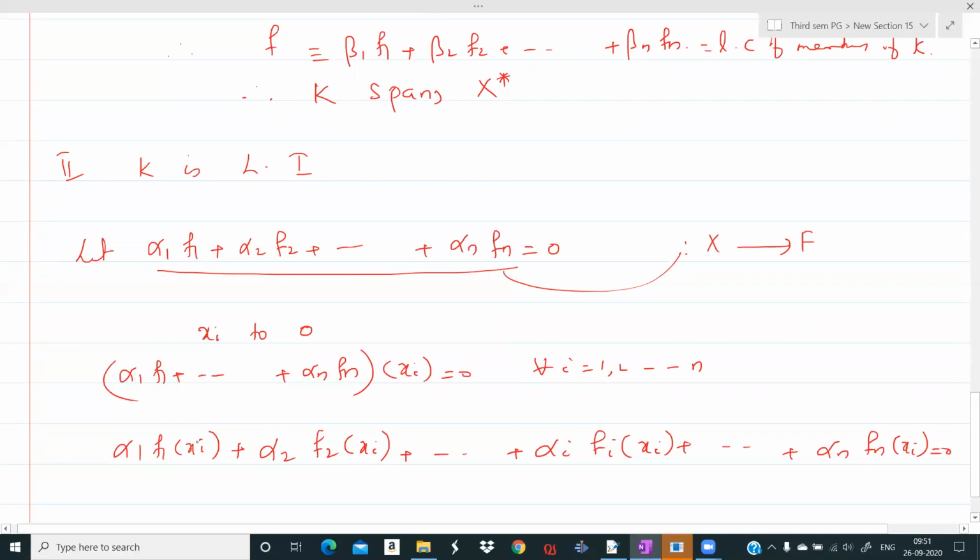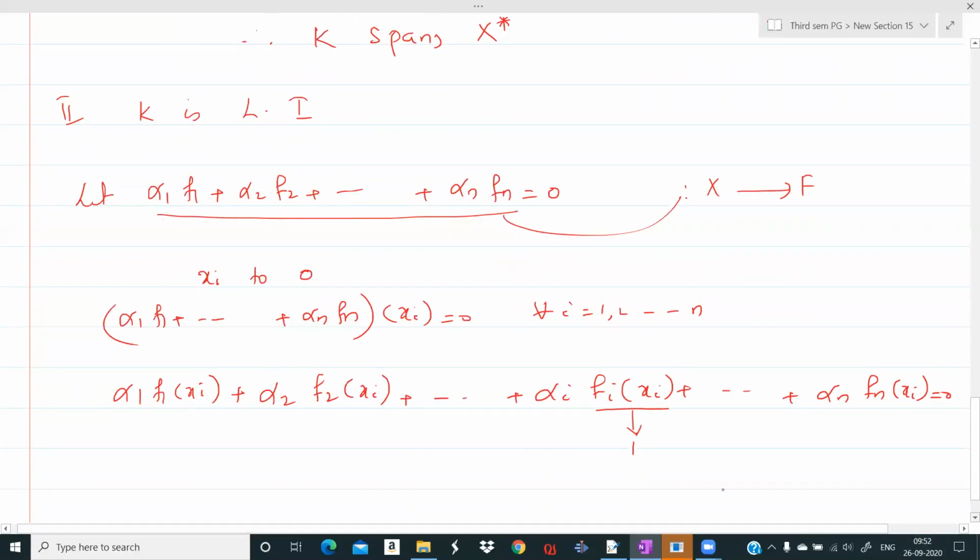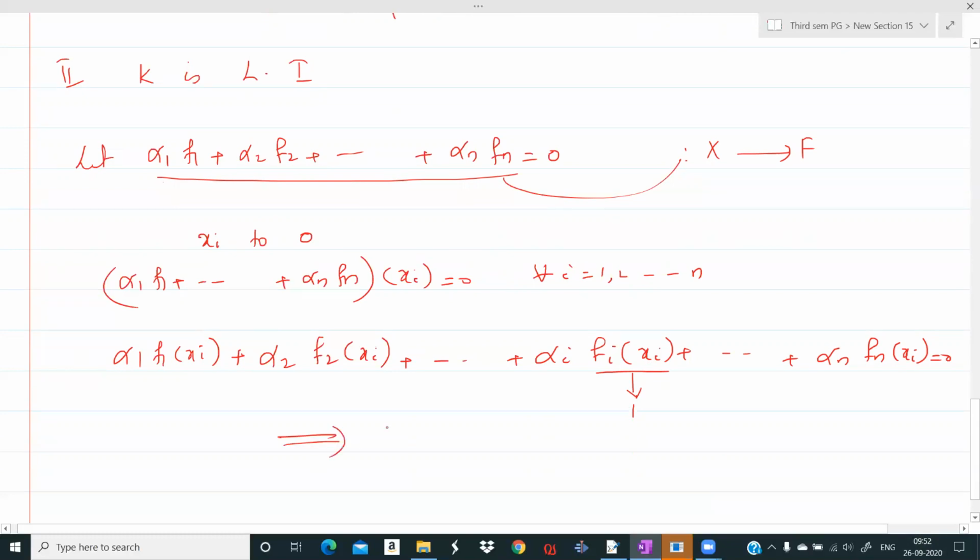We know that f1 of xi is 0, f2 of xi is 0, etc. ഇതിനകത്ത് 0 അല്ലാതെ വരുന്ന ഒരു ടേം ഇതേ ഉള്ളൂ, and this is 1. ഇതെങ്ങനെ 1 ആയി? fi യുടെ ഡെഫിനിഷൻ, xi യെ ഒരു ലീനിയർ കോമ്പിനേഷൻ ആയിട്ട് എഴുതുമ്പോൾ അതിനകത്ത് xi യുടെ കോഎഫിഷ്യന്റ്, that is 1. So this implies alpha i equal to 0 for all i.